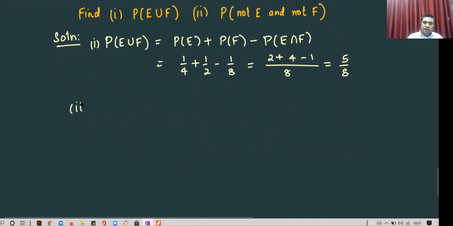Now next is probability of not E intersection not F. Let us see how this will be.